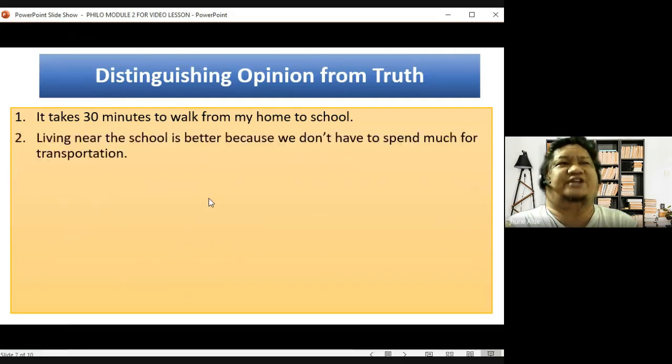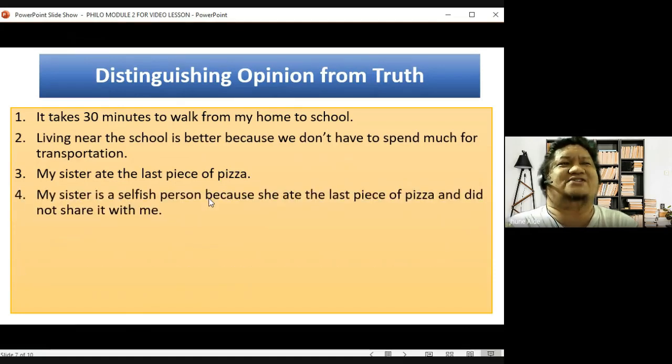One, it takes 30 minutes to walk from my home to school. Number two, living near school is better because we don't have to spend much for transportation. Three, my sister ate the last piece of pizza. Four, my sister is a selfish person because she ate the last piece of pizza and did not share it with me.